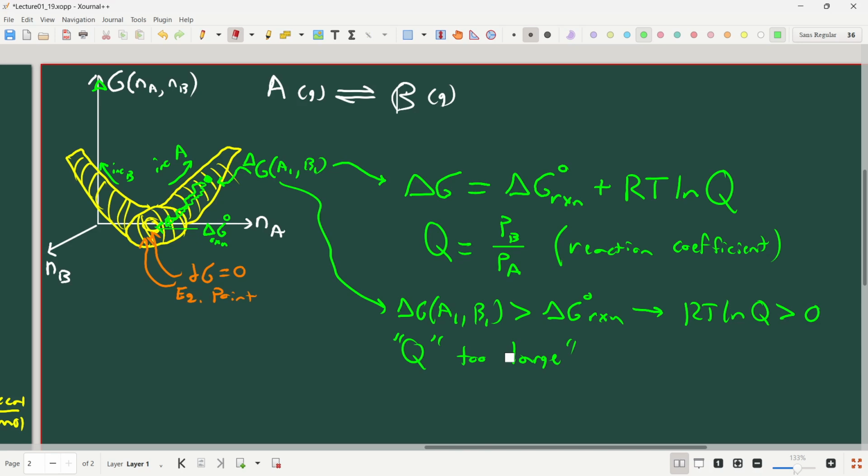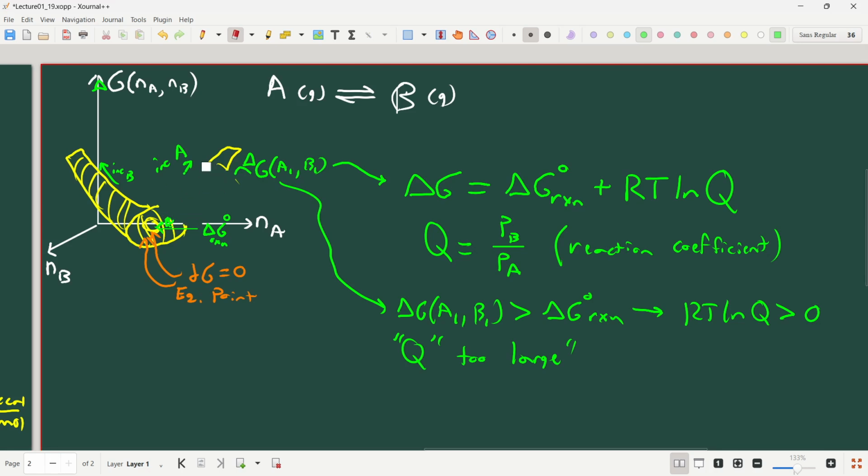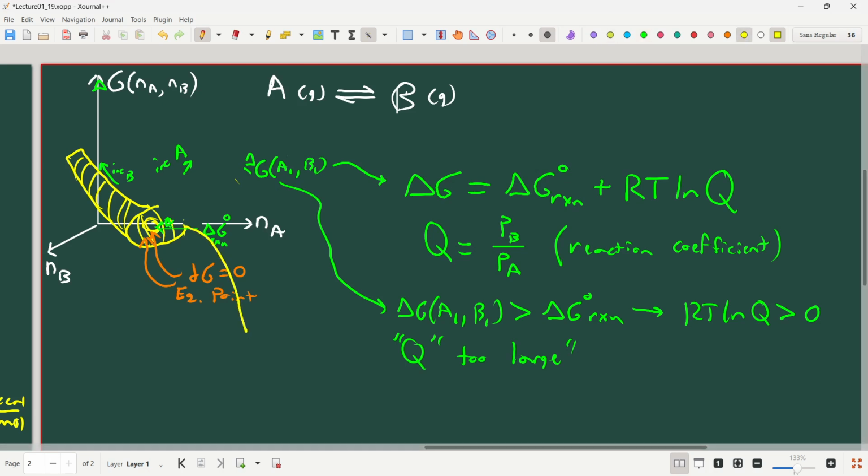So let me erase this. So let's do that instead. So imagine now again, I'll draw this in a different way to simplify it for you guys in a second. I just want to do it graphically. So let's let this go down instead.